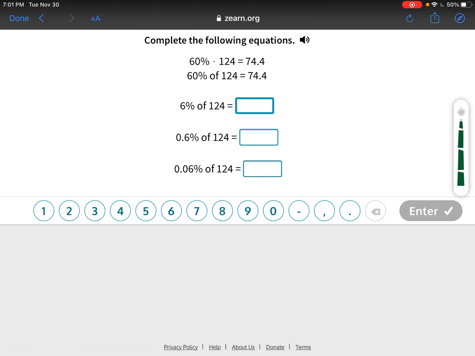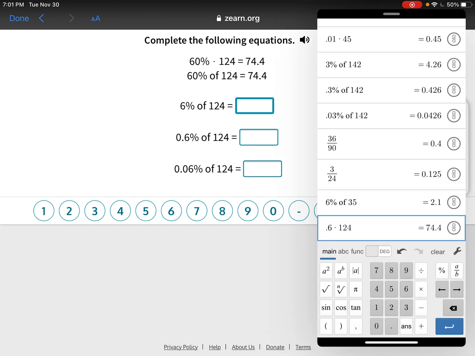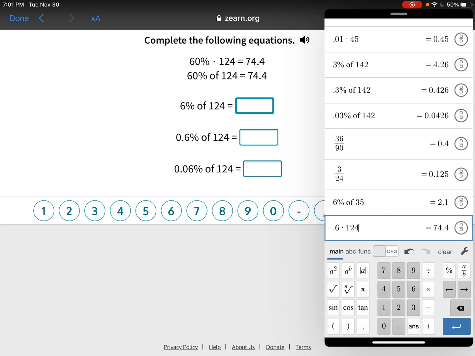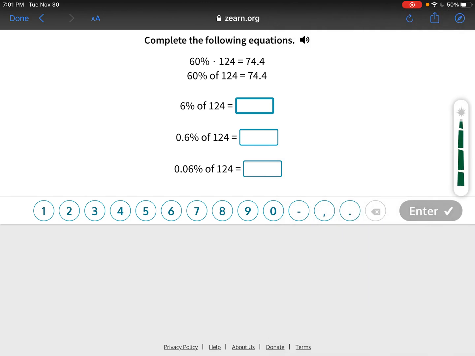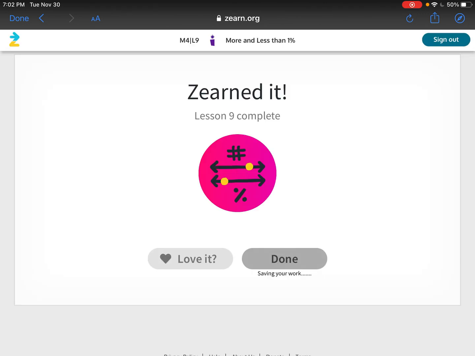You can do every one of these in Desmos if you want. But if we're doing 6% versus 60%, 7.44. So I just move the decimal over 1, 0.744, 0.0744. Done. And there is lesson 9.